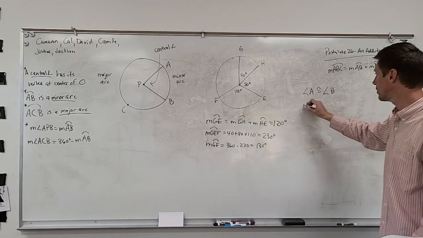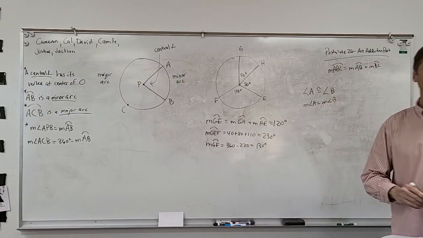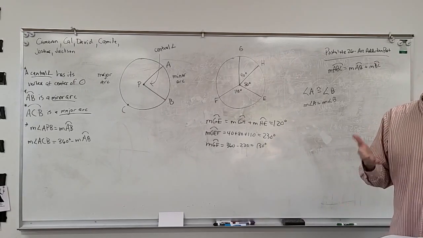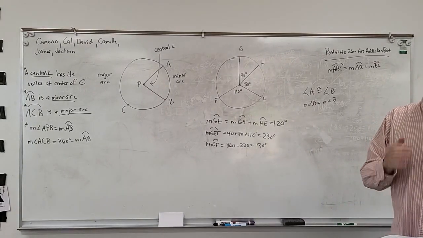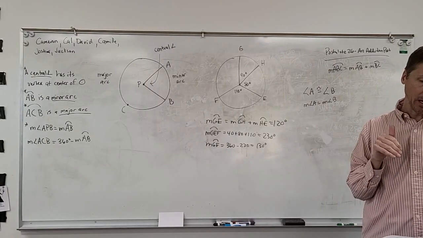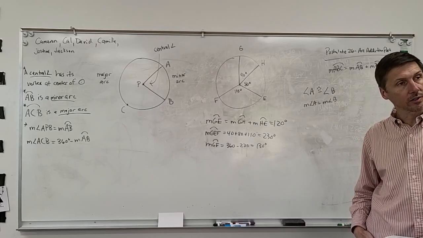It means that the measure of angle A is equal to the measure of angle B, right? So if I'm determining if two angles are congruent, I'm determining, do those angles have the same measurement? And clearly, arc AB and arc DC have the same measurement. They're both 45 degrees, so they would be congruent arcs, okay?